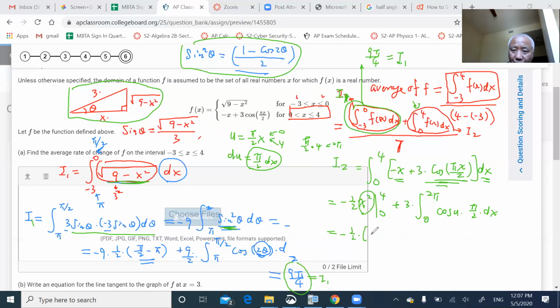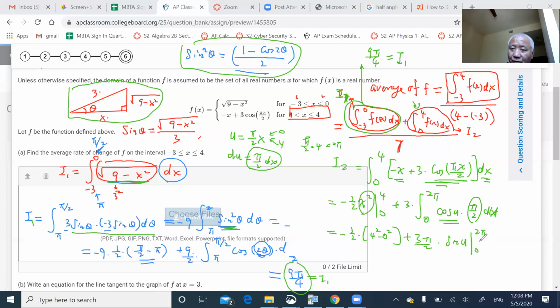So we're going to have 4 squared minus 0 squared, like this. And then plus 3. The constant can come out, 3 pi over 2. And then the cosine u integration, this is du now, okay? The integral of cosine u du will be sine u, boundary 0 to 2 pi.